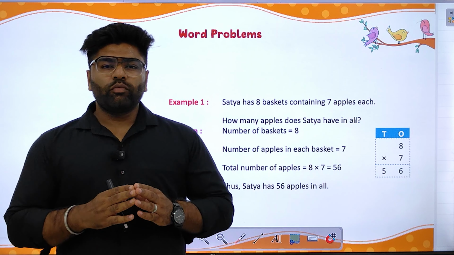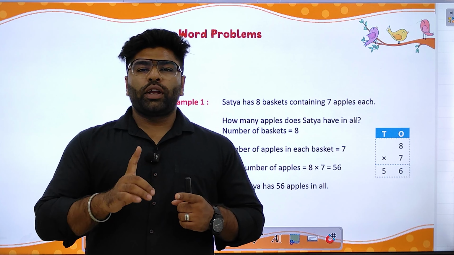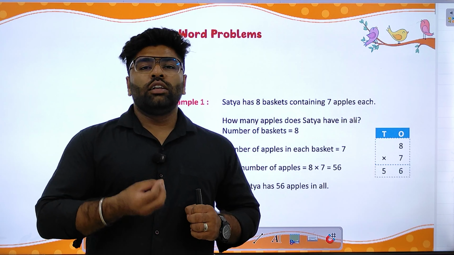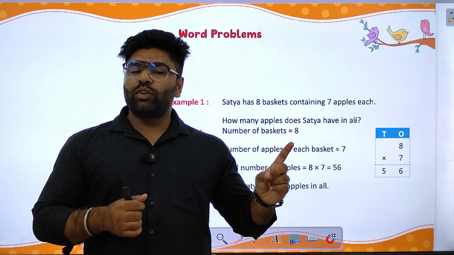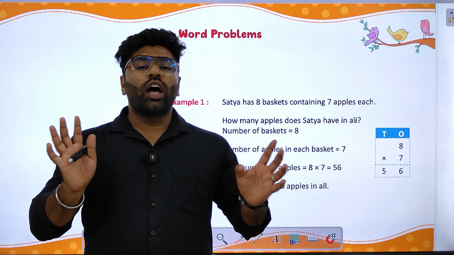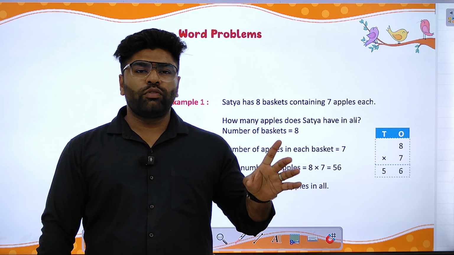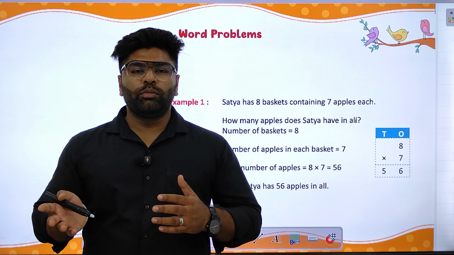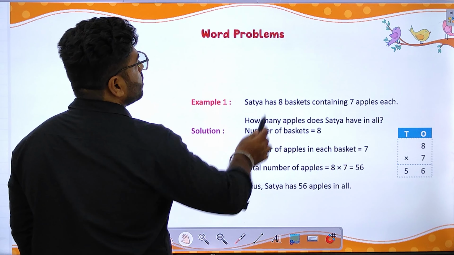Listen, suppose let's take example of this concept that if a price of one chocolate is given, that is 10 rupees, and you were asked to tell the price of 5 chocolates. What is the price of 5 chocolates? And you have to use the concept of multiplication. When the quantity is given of one article, the price is given of one article and asked for many number of articles, so we are going to use the concept of multiplication.